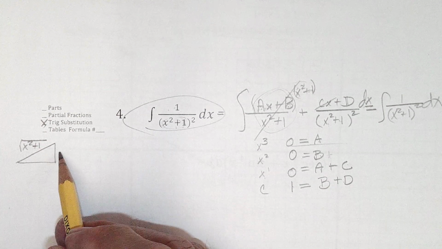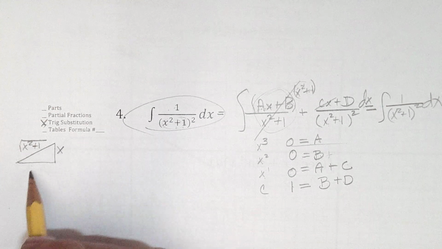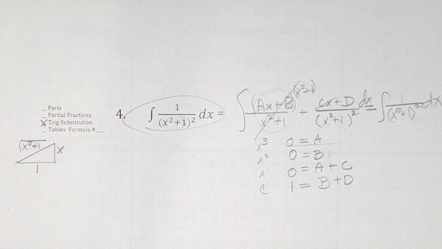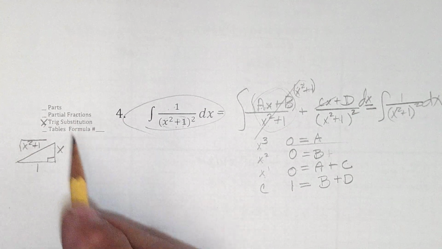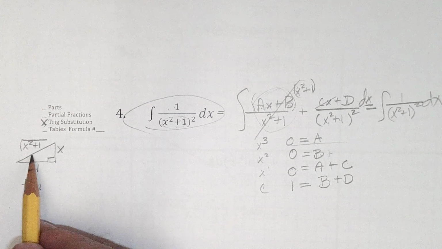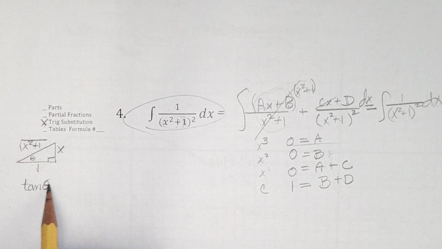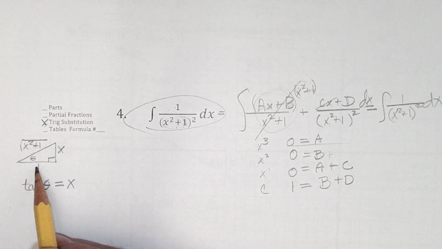And I could put x here or here and 1 the other place. So I'm just going to put the x there and 1 there. And if I do it that way, the tangent of the angle is x over 1, or x.